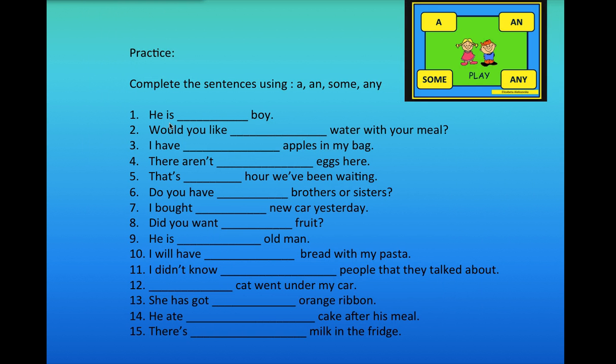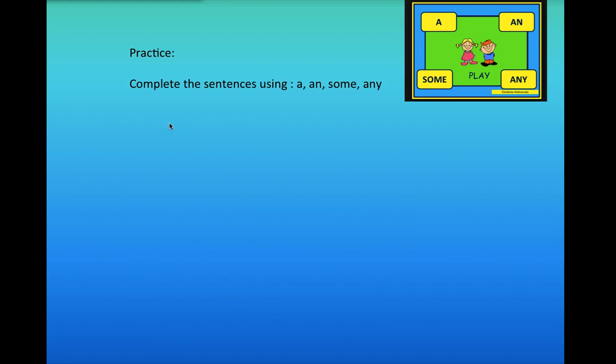Let's practice. Complete the sentences using a, an, some, or any. Pause the video and restart the video when you are done with the practice. Okay, let's check our answers.